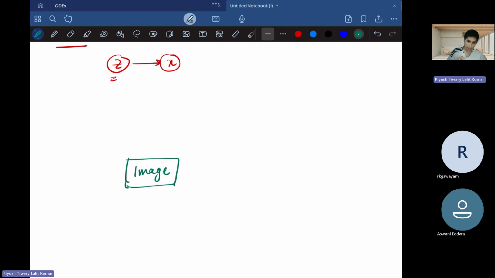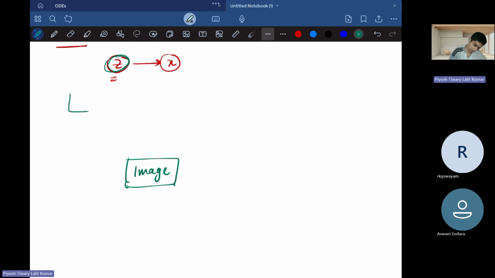Now there are many hidden variables, these Zs. Z is also referred to as a hidden variable because you're not able to see them. There are many hidden factors that you're not able to see, but they contribute to coming up with this image.